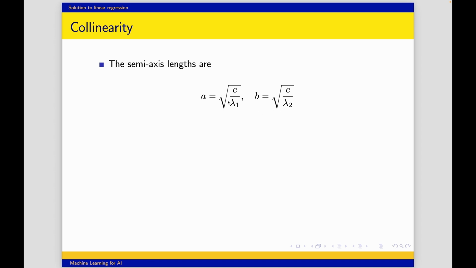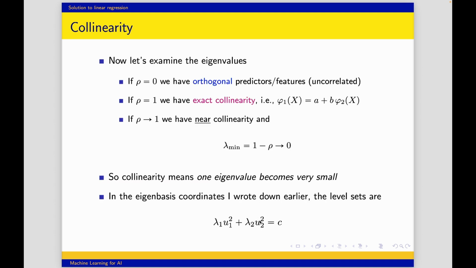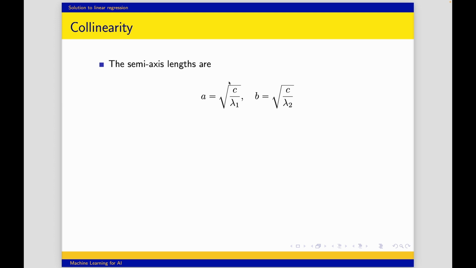And the axes lengths are what? Well, for a given constant c, the semi-axis lengths we saw take this form. They are the value of the constant c where we're defining the level set divided by the respective eigenvalues.